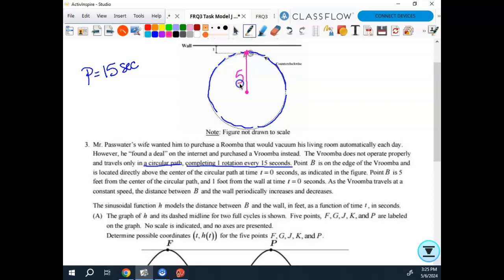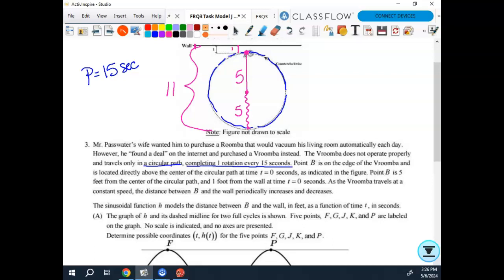So this is 5, this is 1, which means this here is also 5 because it's a circle, and that's the way circles work, and it said center, which means from here to here, this whole distance has to be 11. So the closest it's going to get to the wall is going to be 1 away. The farthest it's going to be from the wall, it'll be 11 feet away. Okay.